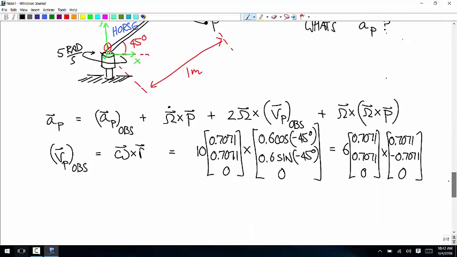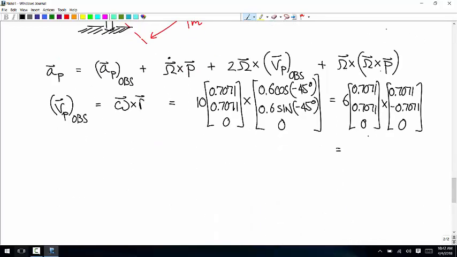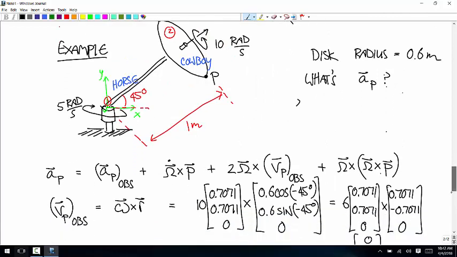So we can just use the right-hand rule to figure it out. I mean, you could plug that into your calculator too. But we're crossing a unit vector in this direction with a unit vector in that direction. So that's in the negative z direction. So this is equal to 0, 0, negative 6. Any questions about that?